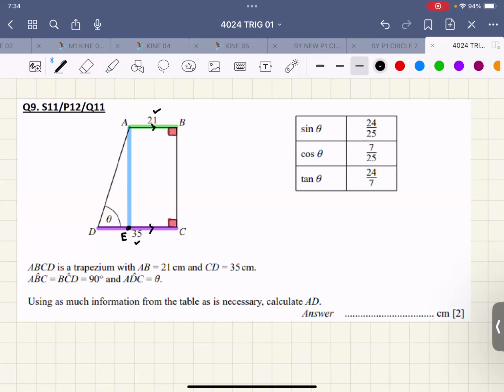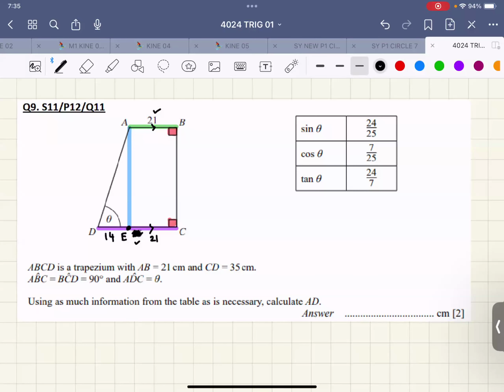Well, it does not say these two are parallel. Yes, it has to be parallel because it's a trapezium. So this one has to be 21. 35 minus 21 is 14. That goes over here.